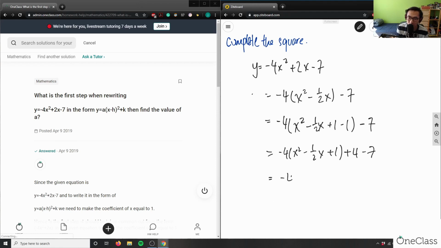Finally, what I have in the brackets is a perfect square trinomial, which will give us the terms. Hold up, give me a second, sorry.